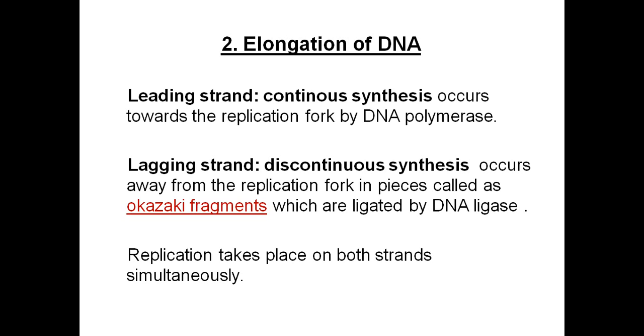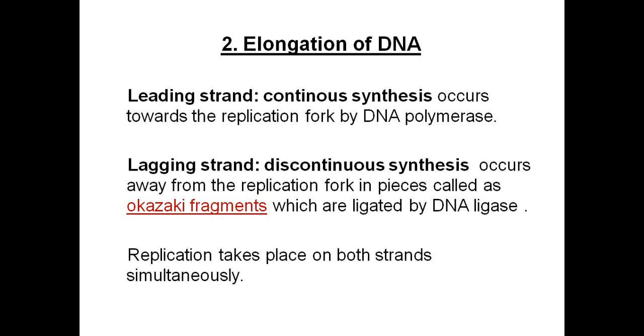In the elongation process of DNA, there are two strands, as I told you: one is the leading strand, the other is called the lagging strand. On the template DNA strand, where continuous synthesis of DNA takes place, that is called the DNA leading strand.